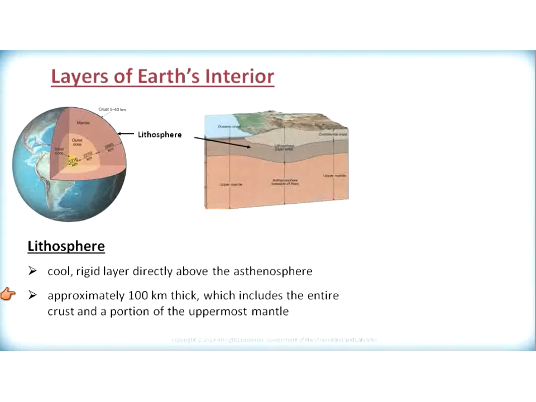Referring to the diagram, we can see that the lithosphere would extend from this region down to this region, which would include approximately 100 kilometers depth down to approximately 700 kilometers deep.